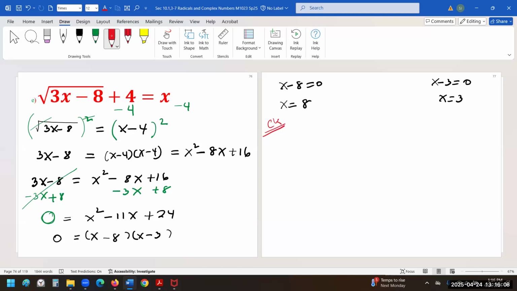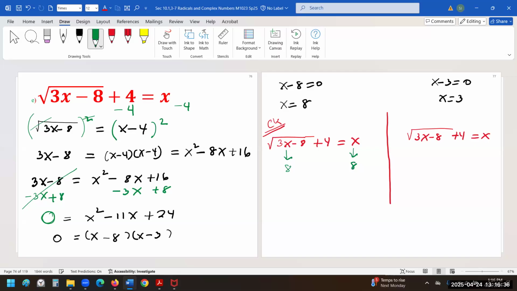And when you check, you have to use the equation with the radical. So the square root of 3x minus 8, plus 4, equals x. We have to check it twice for two solutions, for two numbers. Here our x is 8, so every x you see, there will be 8.